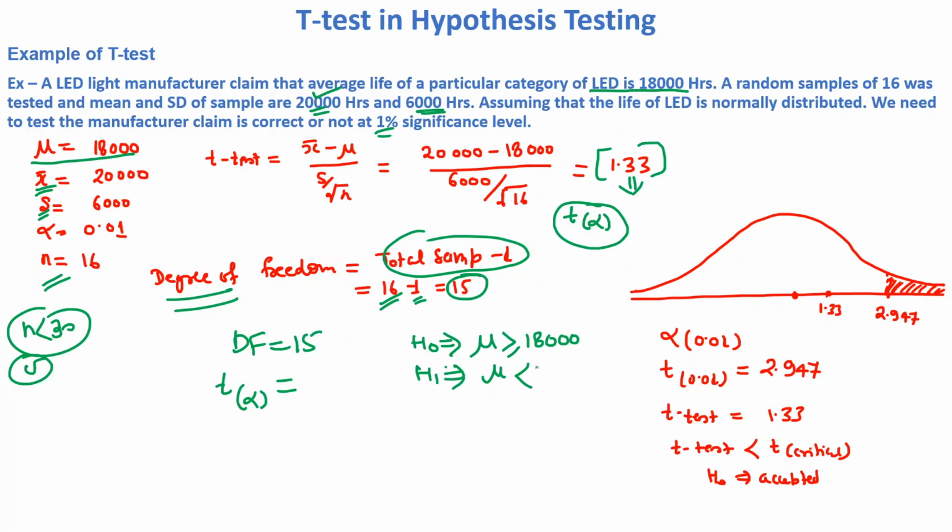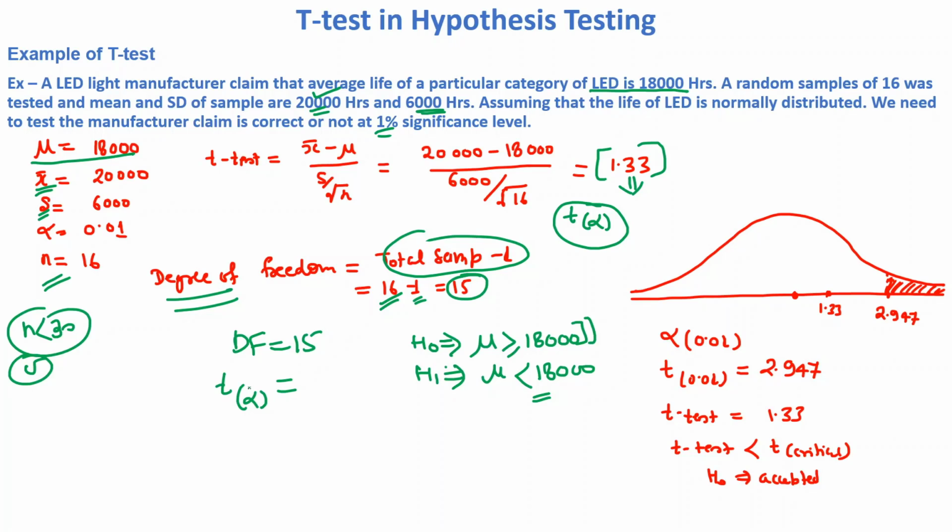The manufacturer is claiming that the average life of the LED is greater than or equal to 18,000. So we have to calculate the alternate hypothesis in only one direction, so we can use the one-tailed test.